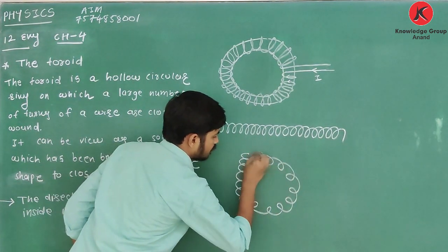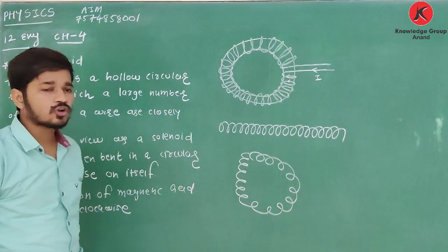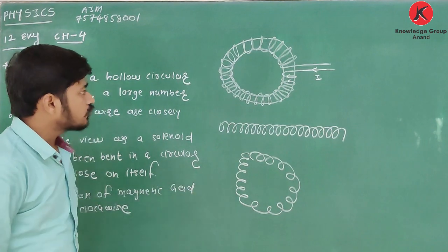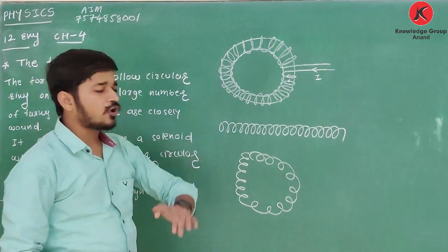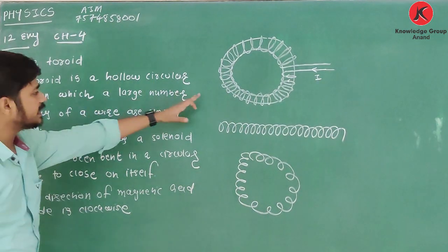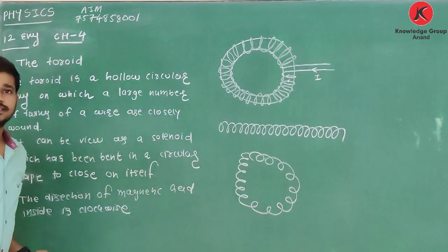It is called a toroid. So this is how a toroid is formed: first case and second case.